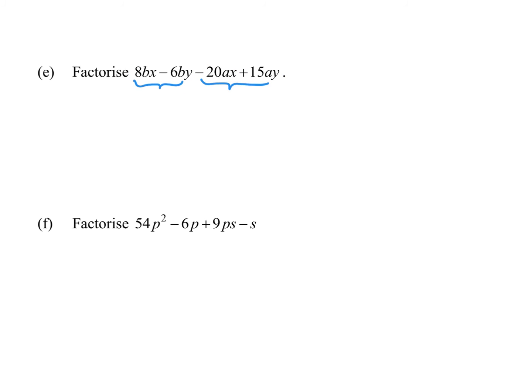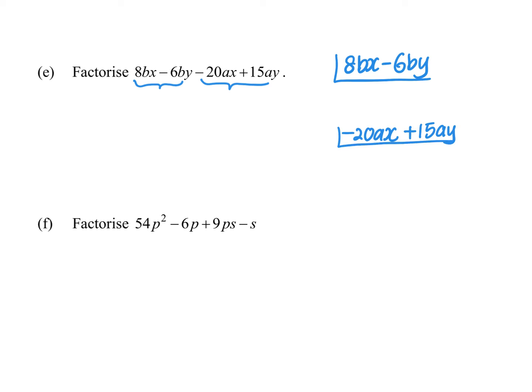Usually, what I'll do is group 8bx with negative 6by together, and that's one group. Then negative 20ax, remember to include the sign in your working, plus 15ay, like that. Let's take a look. 8bx minus 6by, the common factor is 2 and the letter b.